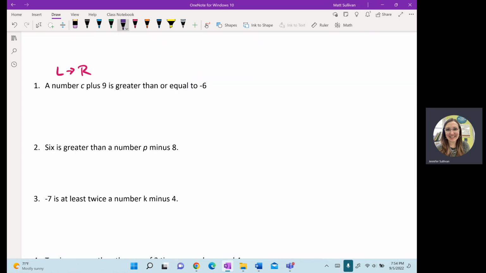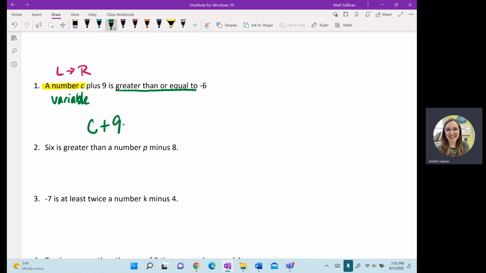We would say a number C. Anytime they give us this, that is just telling us that's our variable. So this is where we put in the variable, and they're going to tell us which letter to use. So we're going to say C. C plus 9, turning it into symbols, is greater than or equal to. Okay, so thinking about greater than, don't look at your notes.